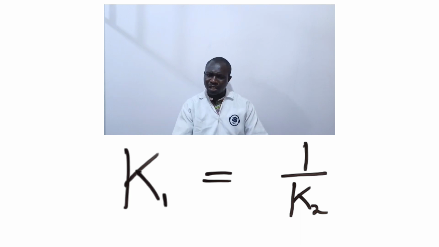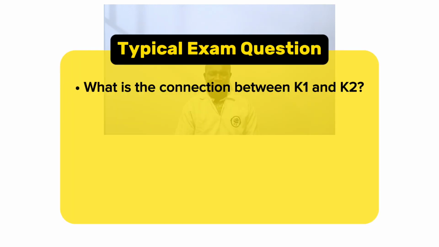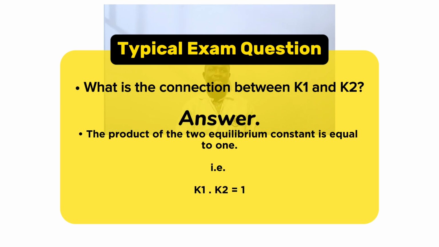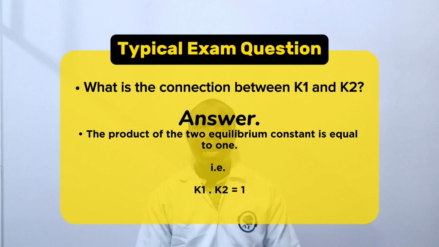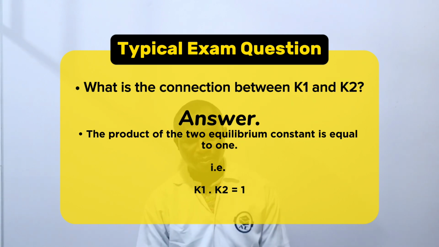Decreases. And note, this is a typical exam question: what is the connection between K1 and K2? The product of the two equilibrium constants is expected to be 1. That is, K1 times K2 is equal to 1.